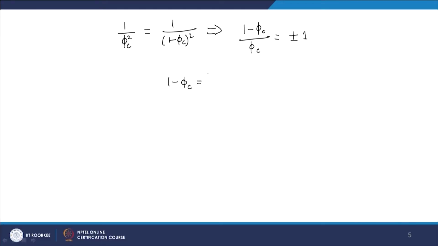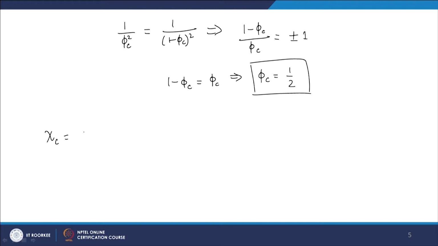So 1 minus phi c is equal to phi c, and that will be phi c equal to 1 by 2 at the critical point. If I want to know the value of chi at the critical point, I can put this value of phi in the expression for spinodal or in the expression for binodal, because both binodals and spinodals do merge at the critical point.